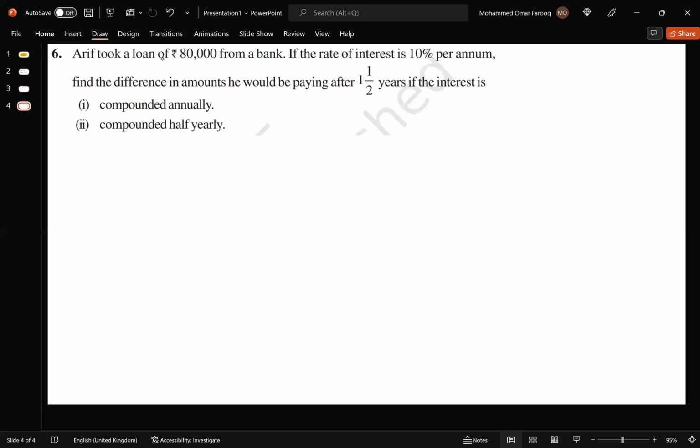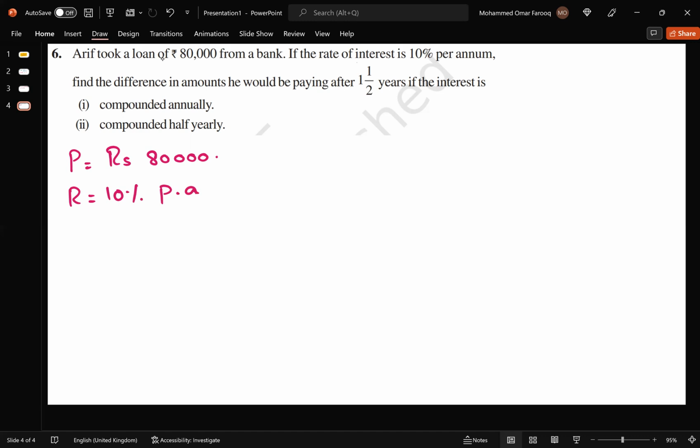Okay, let us go to the problem. Arif took a loan of rupees 80,000. We all know whenever we talk about loan, it's nothing but principal. So principal equals rupees 80,000, and the rate of interest R equals 10% per annum.